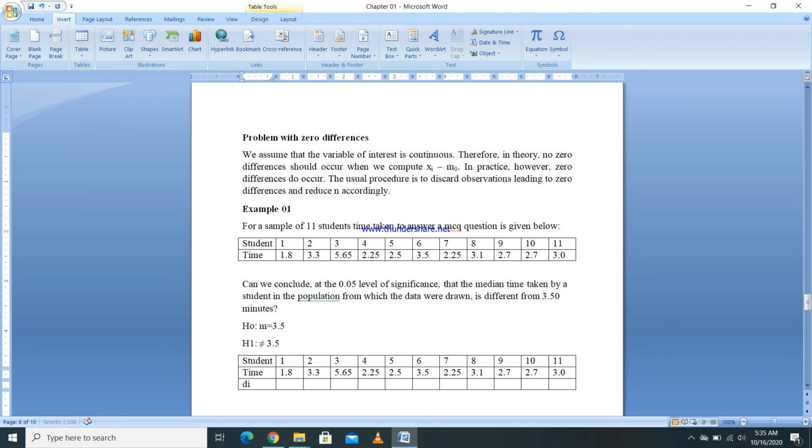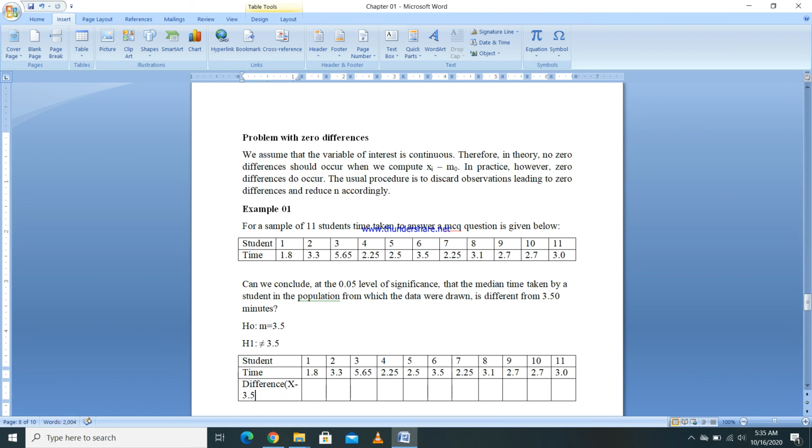So here you have to calculate the difference, that is, the observed value minus 3.5, the testing value of the median.